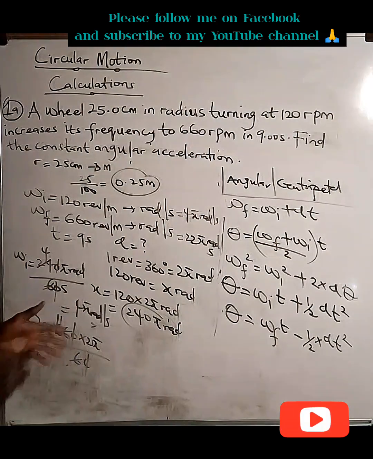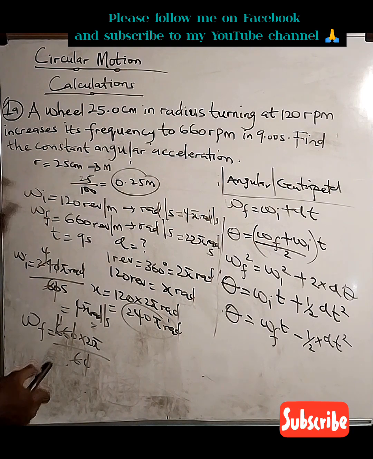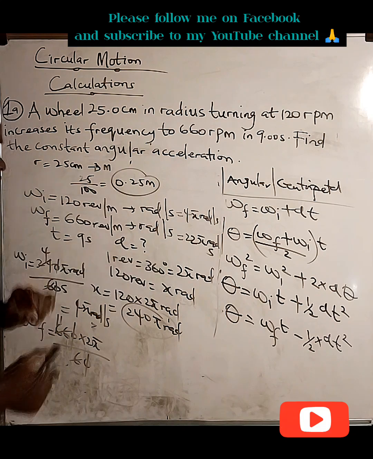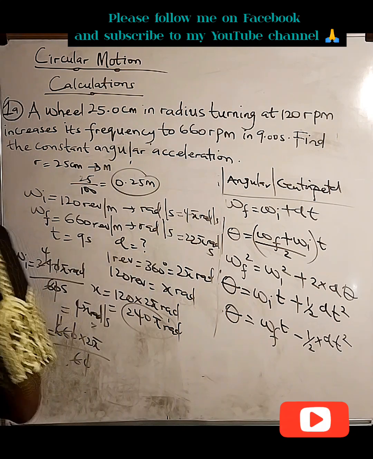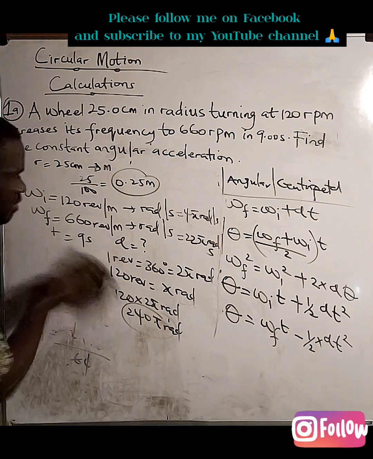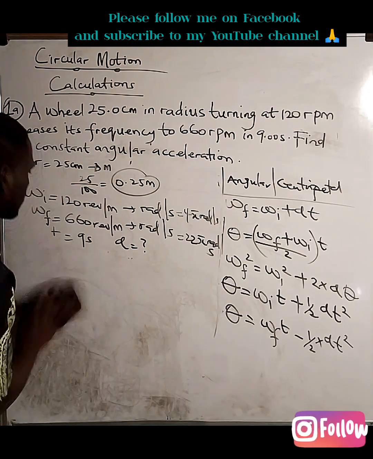So we have everything set out here. We've converted our initial angular velocity to rad per second, and our final also to rad per second. It's high time we solved for the acceleration.